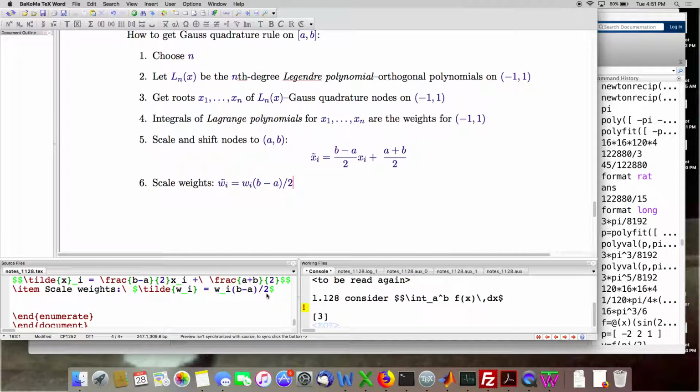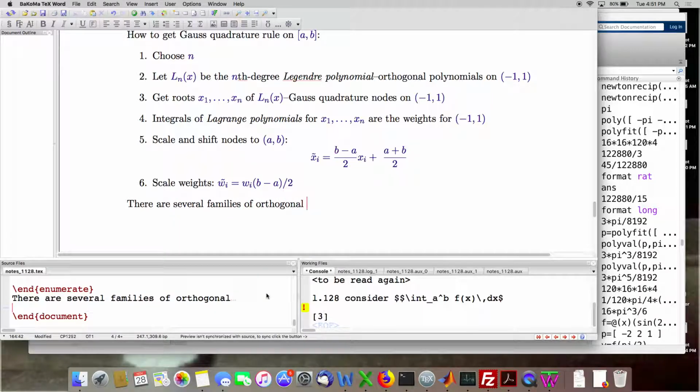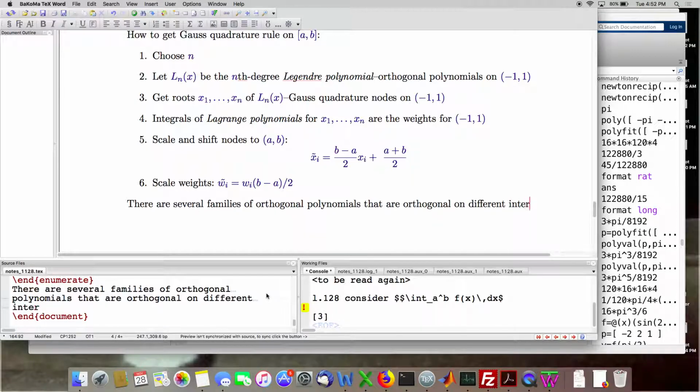But by contrast, there are several families of orthogonal polynomials that are orthogonal on different intervals with respect to different weight functions.